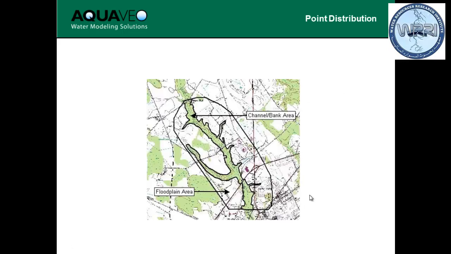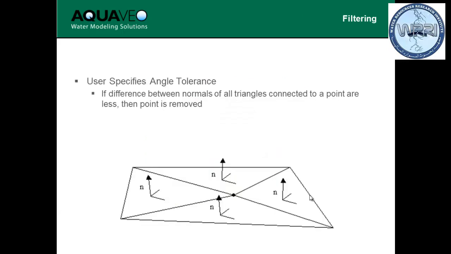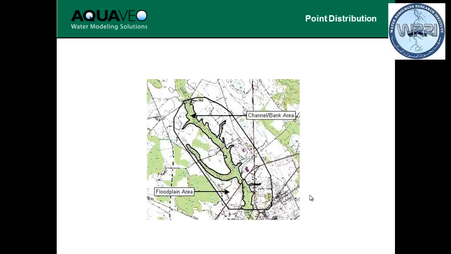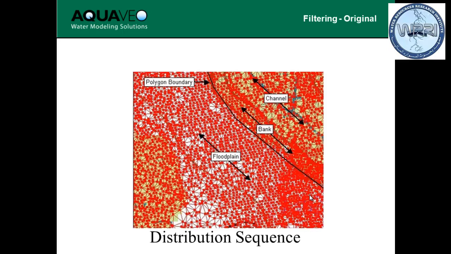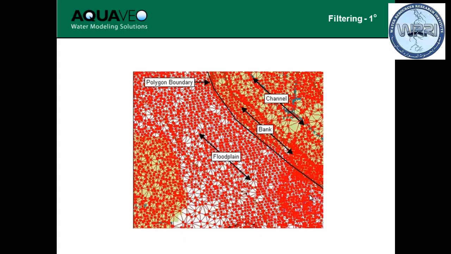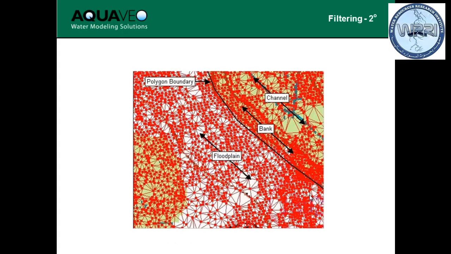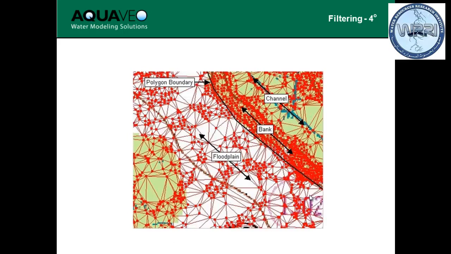If those normals are less than a certain angle, then WMS will delete the vertex between them. Originally if I read in some LiDAR data, it might look something like this, but then as I filter it to different angles, you can see the number of vertices decreased. And so this is if you have LiDAR data.